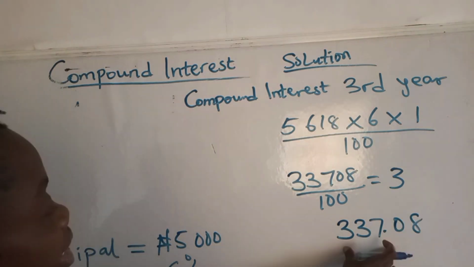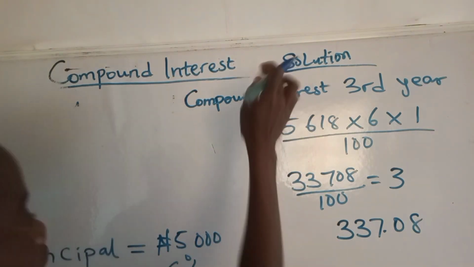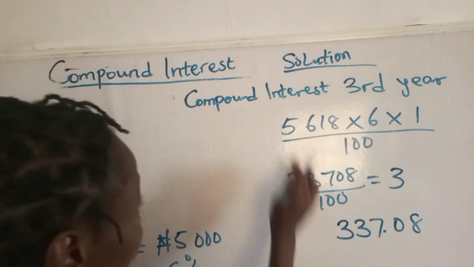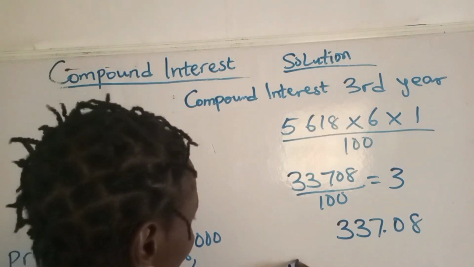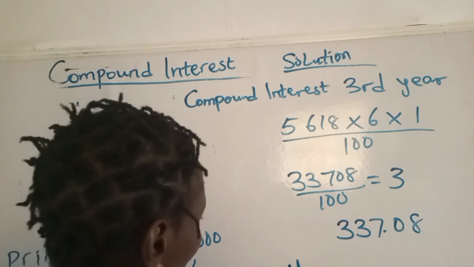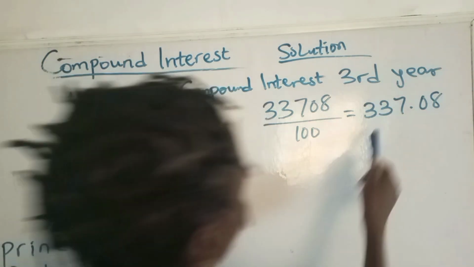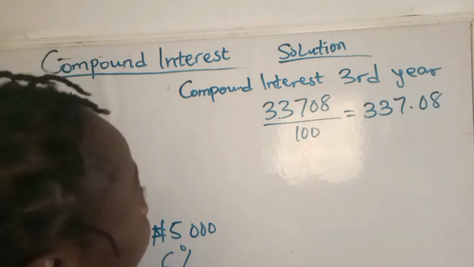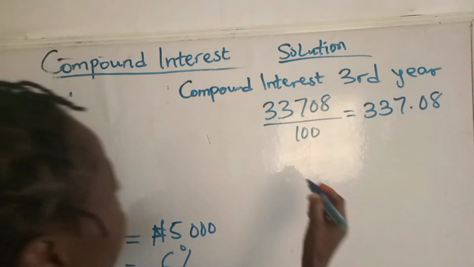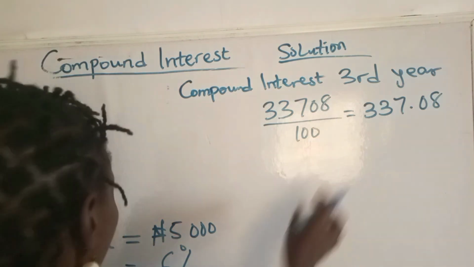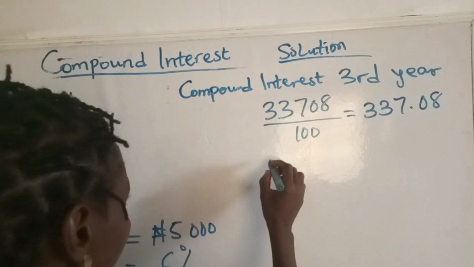Then we add this to the initial money from the second year before. Now the answer is 337 naira 8 kobo.